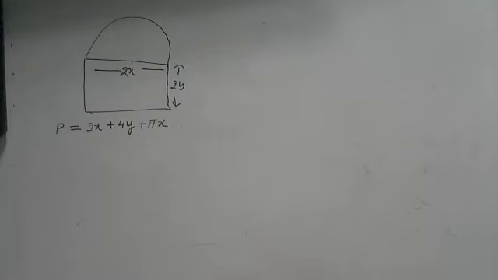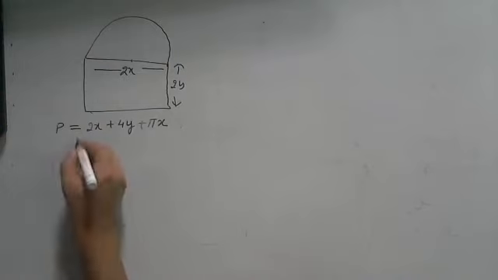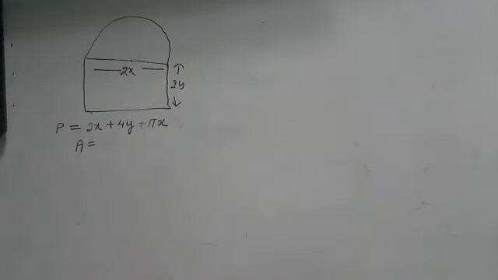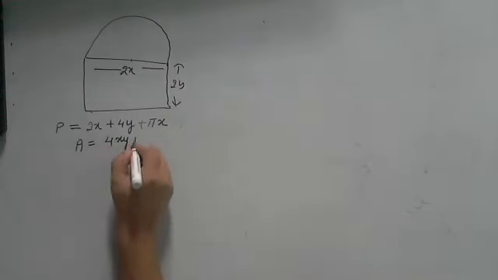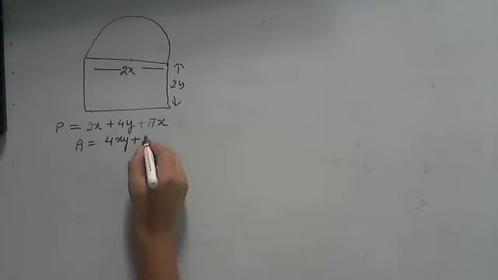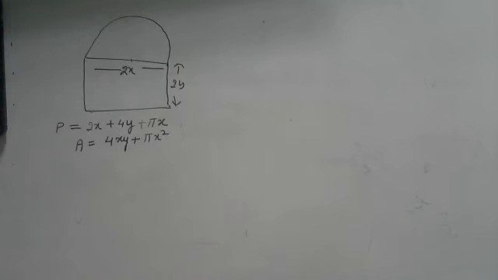Now we need to maximize its area, and the area of this structure will be the area of the semicircle plus the area of the rectangle. So the area of the rectangle will be length into breadth, that is 2x into 2y, that is 4xy, plus the area of the semicircle will be pi x square. Now because it is a semicircle, it should be half of the area of a circle, that is pi x square upon 2.